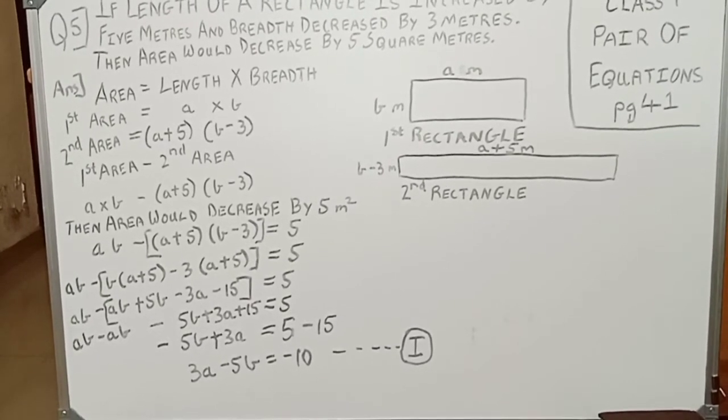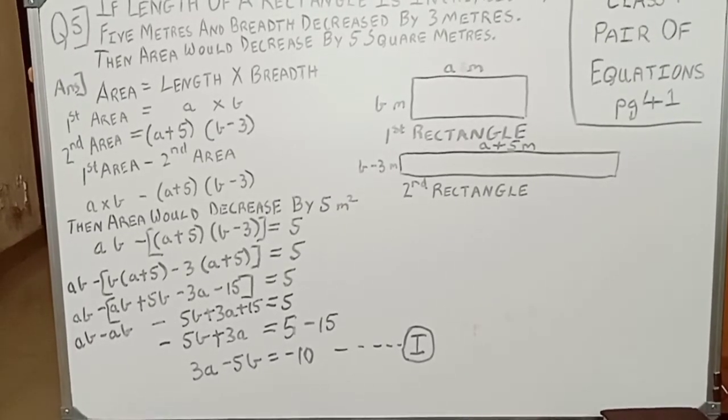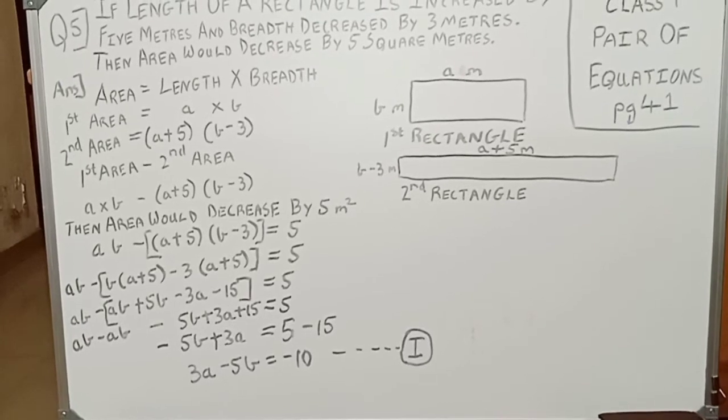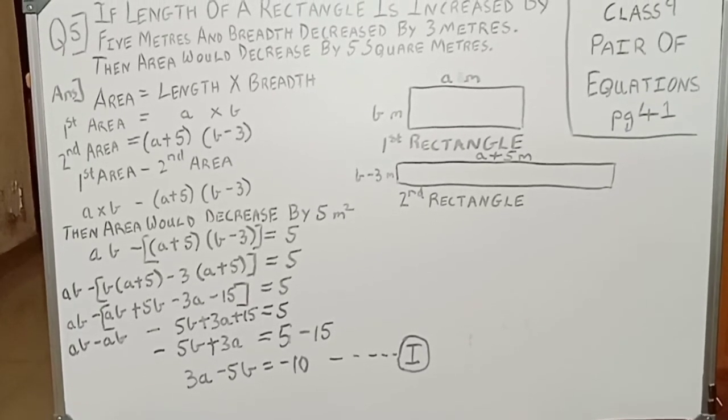That is how you got the first equation, 3a minus 5b is equal to minus 10. This is the first equation.